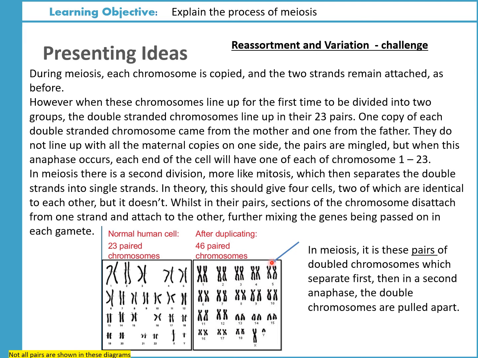And that further increases the variation so that the chromosomes being passed into each egg and each sperm will be a random assortment of maternal and paternal chromosomes from each parent, and there will have been some crossing over taking place, which further mixes the genes available.